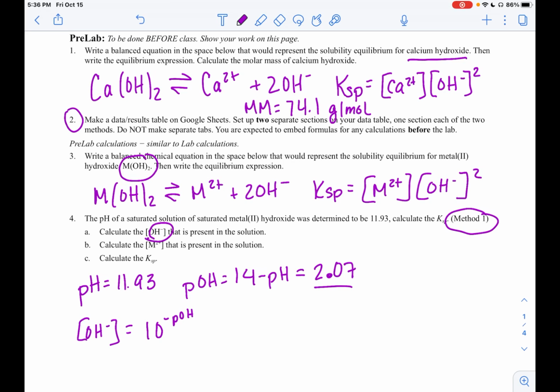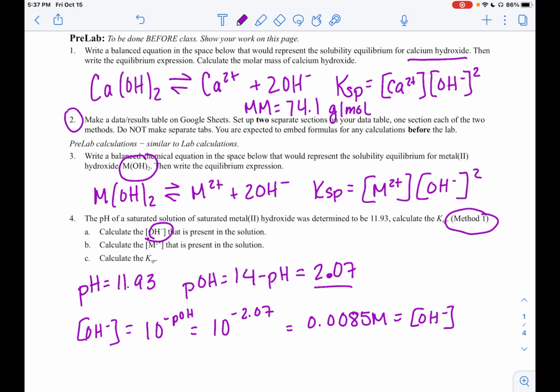So since we have our pOH, we do 10 to the negative 2.07, which comes out to be this. So that's the concentration of OH-. And then B says, what's the concentration of M2+?